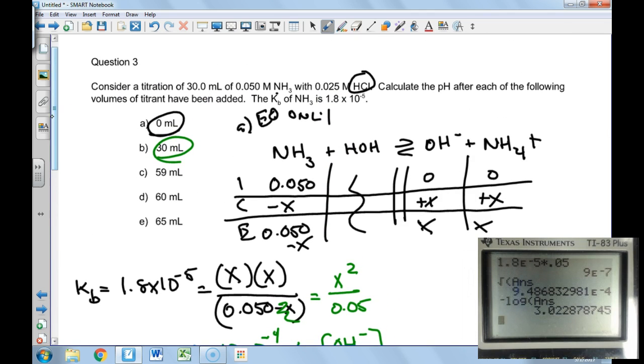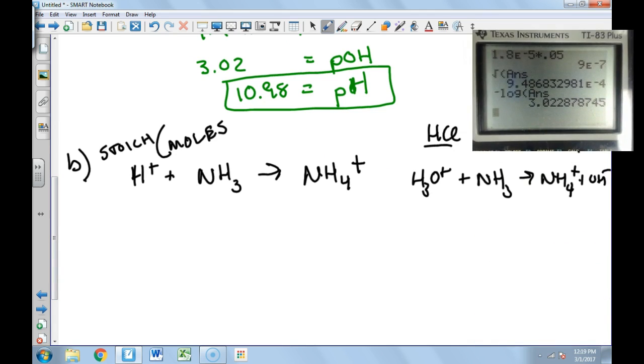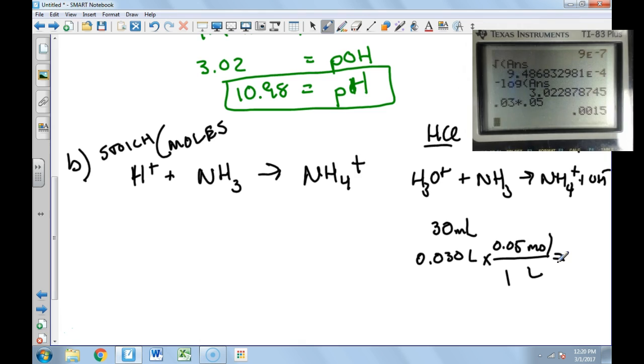We have 30 milliliters of 0.05 molar NH3. That's 0.030 liters times 0.05 moles per liter, so the number of moles of NH3, 0.03 times 0.05, is 0.015.